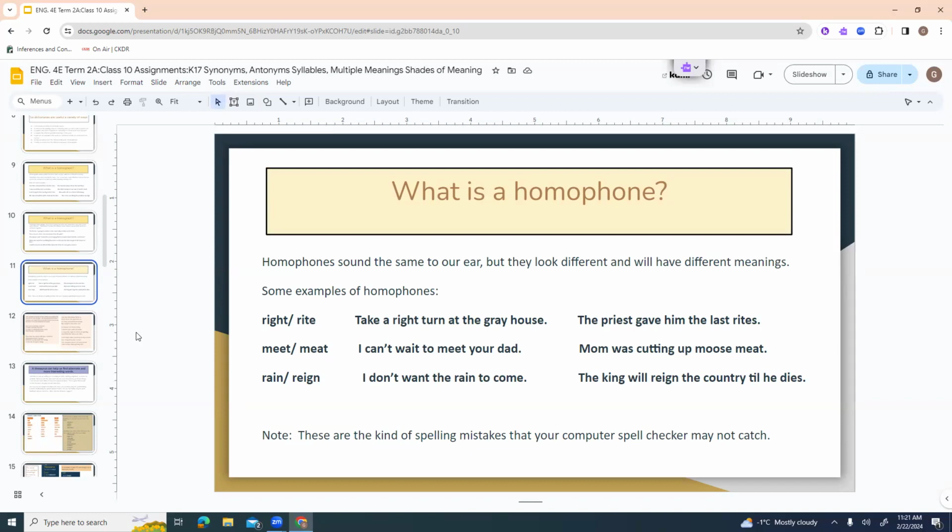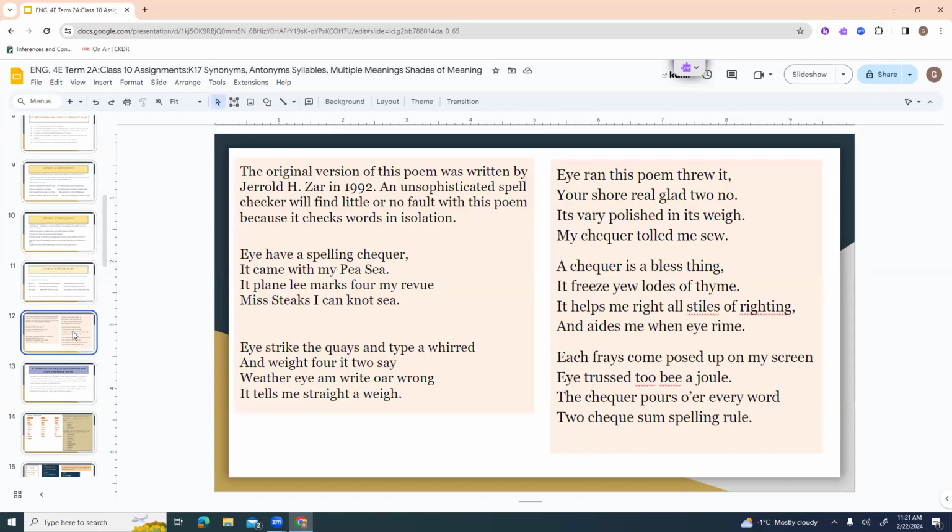So there's a very famous kind of silly poem that uses these kind of homophones to show you some of the problems with spell checkers, okay? It's a little bit hard to read. The original version of this poem was written by Gerald H. Czar in 1992. Now, if you have a certain kind of spell checker, it is not going to find the spelling mistakes, even though there's multiple spelling mistakes in each line.